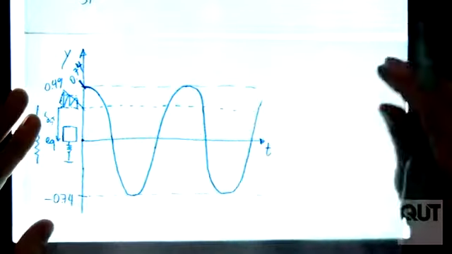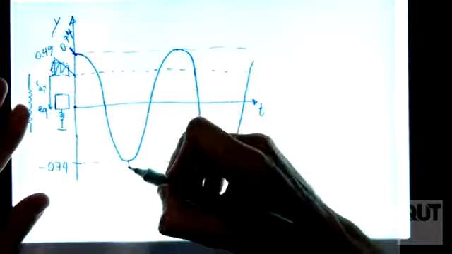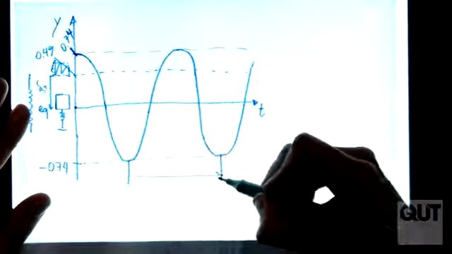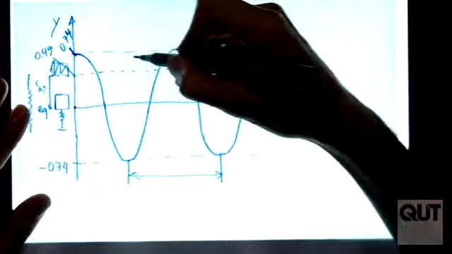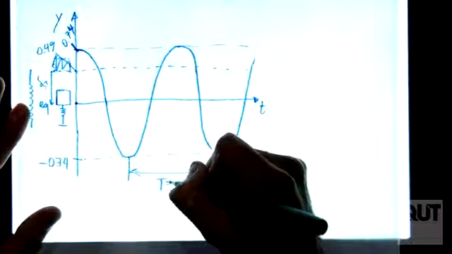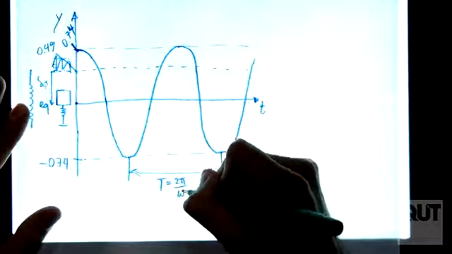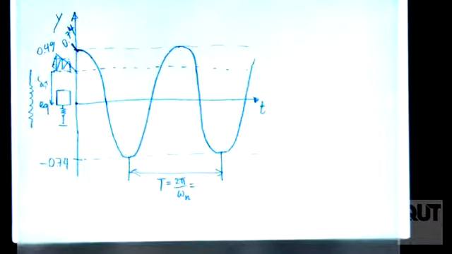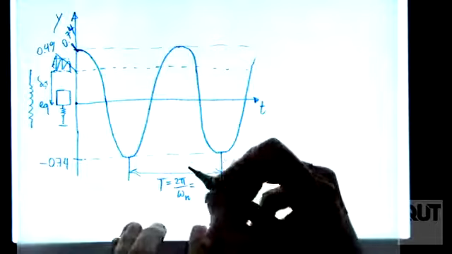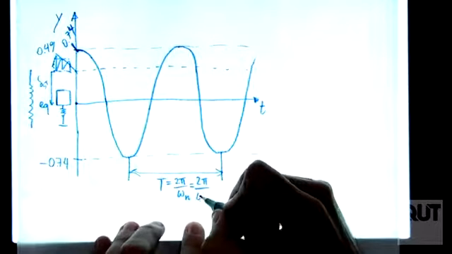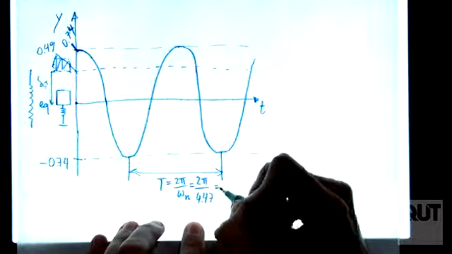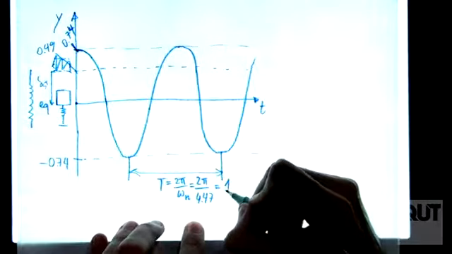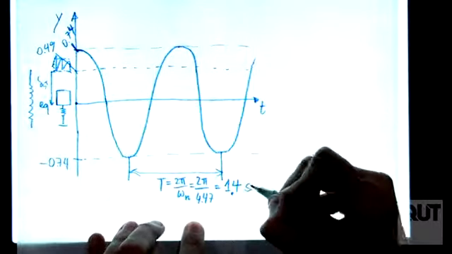So the distance between two peaks, so this distance, which is equal to this distance, is equal to the period, 2 pi over omega n, which is 2 pi over 4.47, about 1.4 seconds.